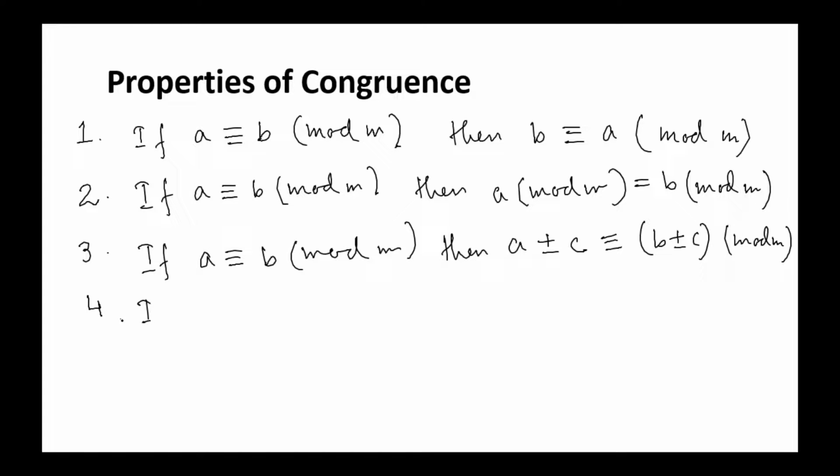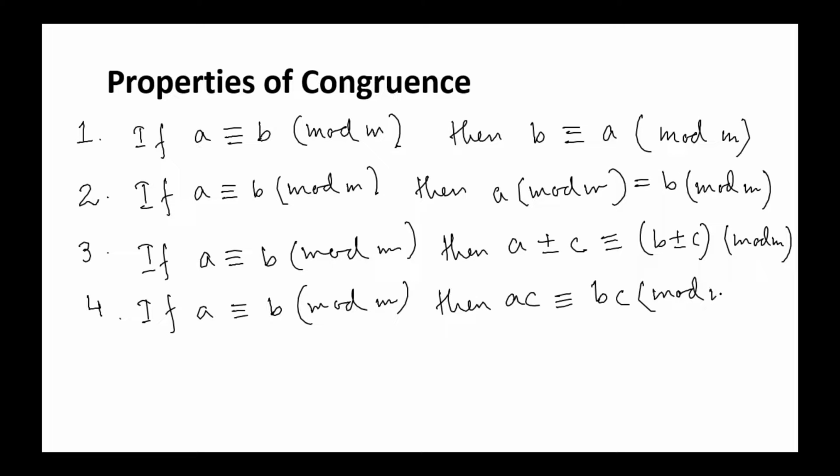Property 4. If a is congruent to b modulo m, then ac is congruent to bc modulo m. Property 5.